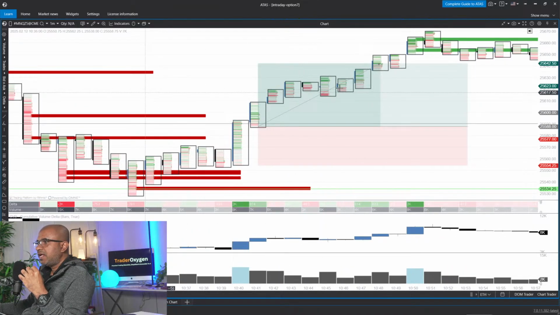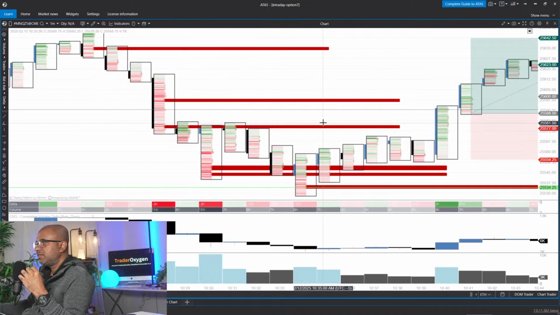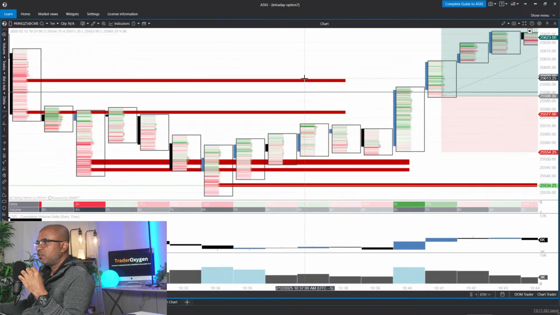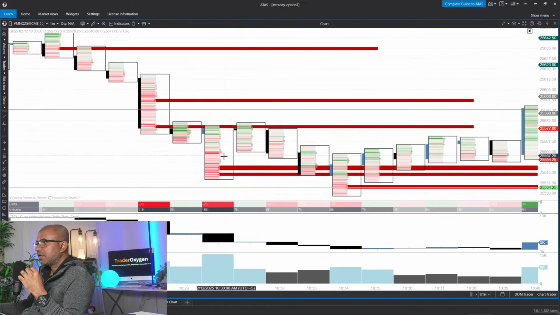You can see these aggressive sellers, red delta over here, which means aggressive sellers pushing the price with multiple bearish stacked imbalances, trying to strongly push the price down, however ending up in a wick.